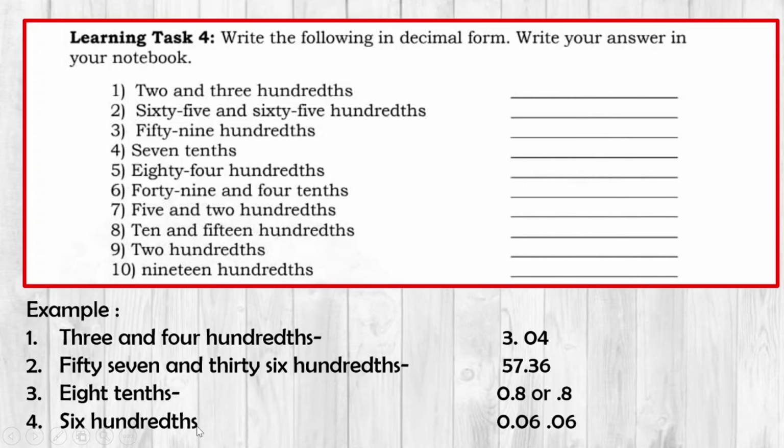Iba yung hundreds sa hundredths. Pag may TH, meaning after yun ng decimal. Ganito po siya sinusulat, 0.06. Be careful sa mga spelling. Iba ang hundreds sa hundredths. Yung may TH, after ng decimal. Yung walang TH, yun yung whole number or before the decimal. So, ganito po ang inyong isasagot dito sa Learning Task 4.